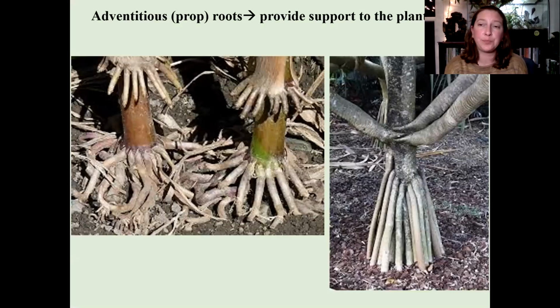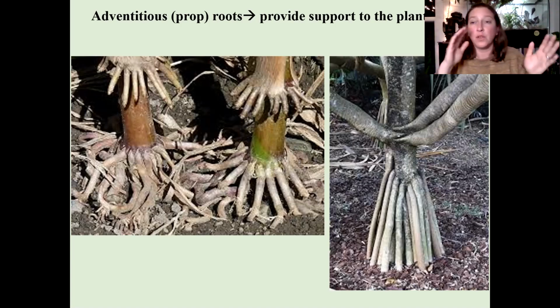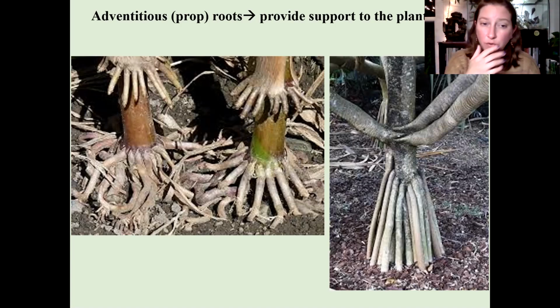Prop roots or adventitious roots. These are roots that are usually visible above the soil, and they usually serve more to support the plant and help the plant not fall over. And then there'll be other roots that go into the soil that really absorb more water.